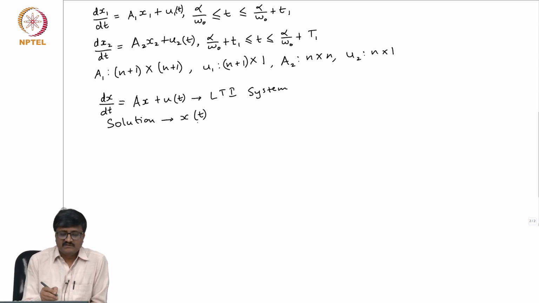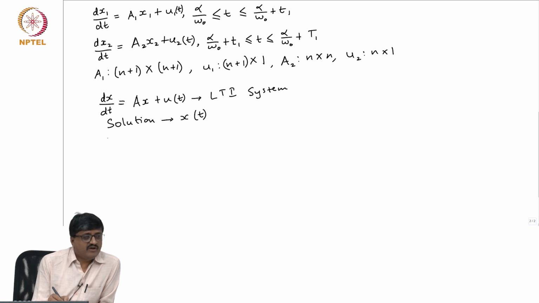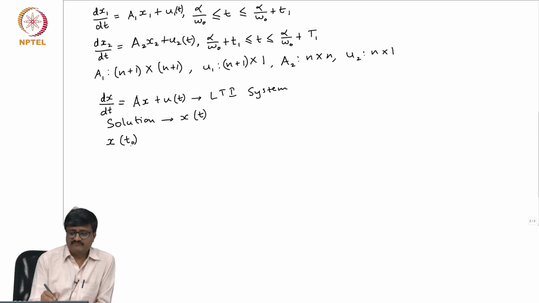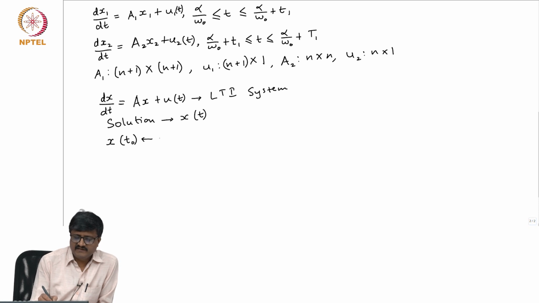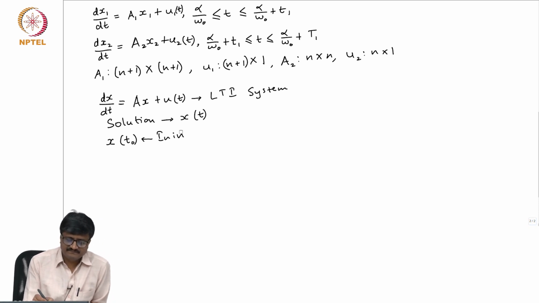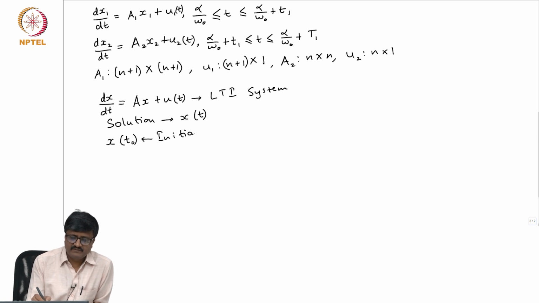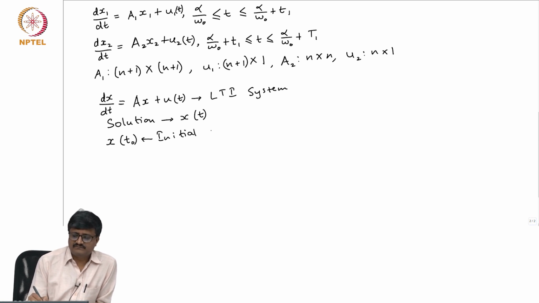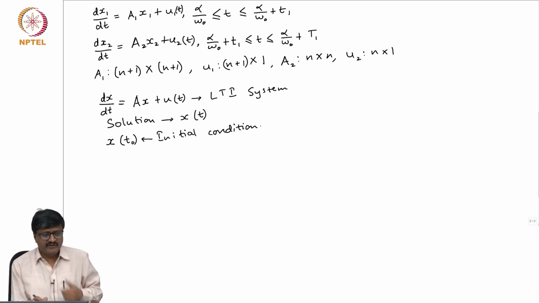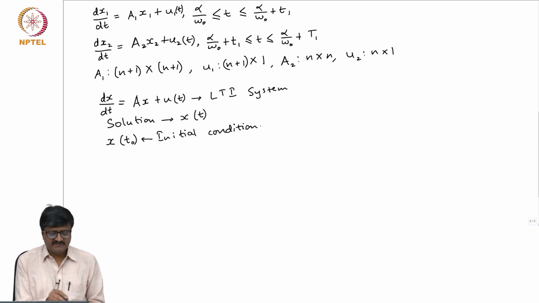What we normally know, in many problems, is the value of x at some instant, say t naught. We call this the initial value or the initial condition. So, we write the solution in terms of this initial condition.